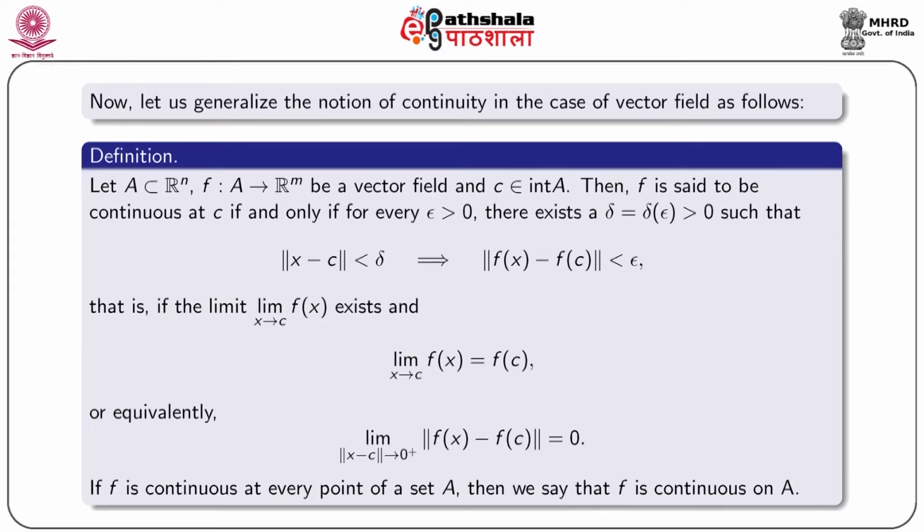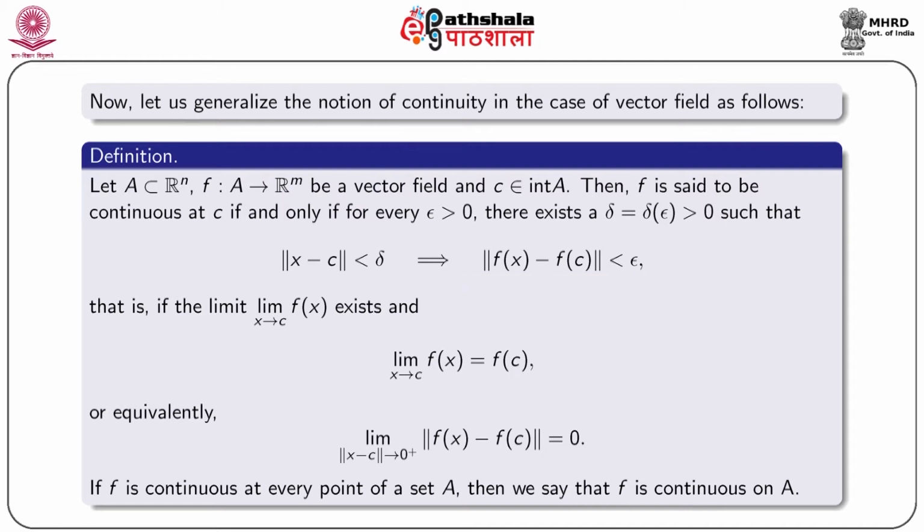Now, we generalize the notion of continuity in the case of vector fields as follows. Let A be a subset of R^n, f is a map from A to R^m and c is an interior point of the set A. Then the vector field f is said to be continuous at c if and only if for every epsilon positive there exists a delta, dependent on epsilon and positive, such that norm of x minus c less than delta implies norm of f(x) minus f(c) less than epsilon.